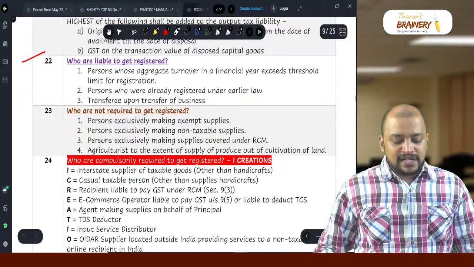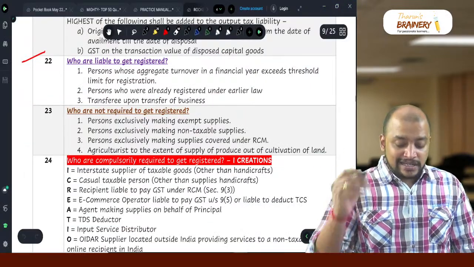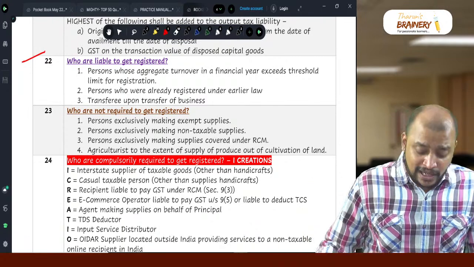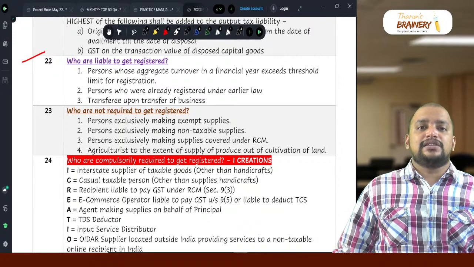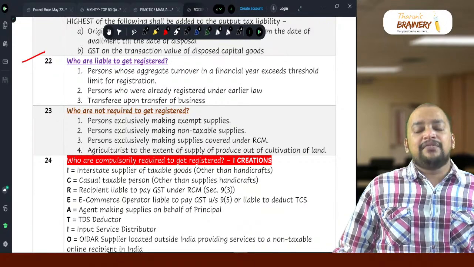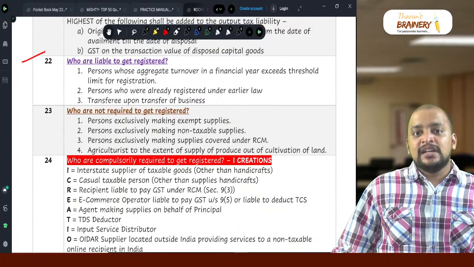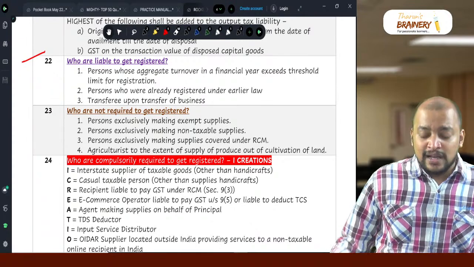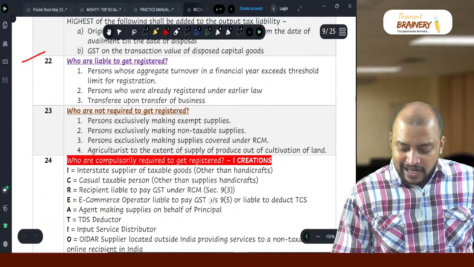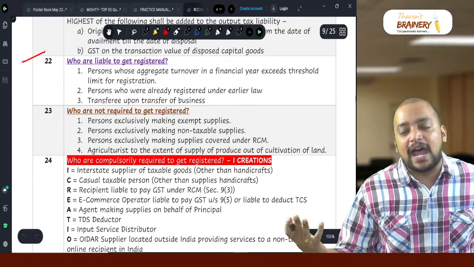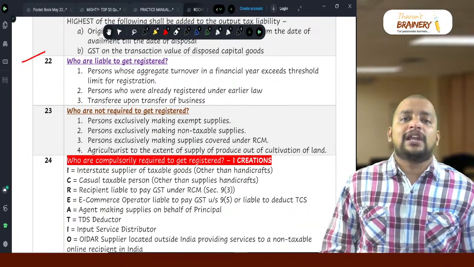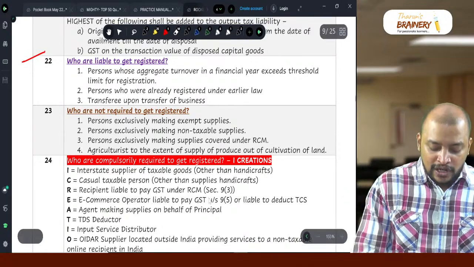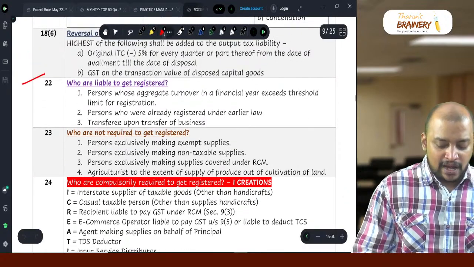So now, persons whose aggregate turnover exceeds the threshold limit for registration are required to get registered, and persons who are already registered under earlier law are also required to get registered. And whenever there is a transfer of business, the transferee should get registered. But in these three cases, they can cancel their registration whenever they are no longer liable to be registered but have registered.